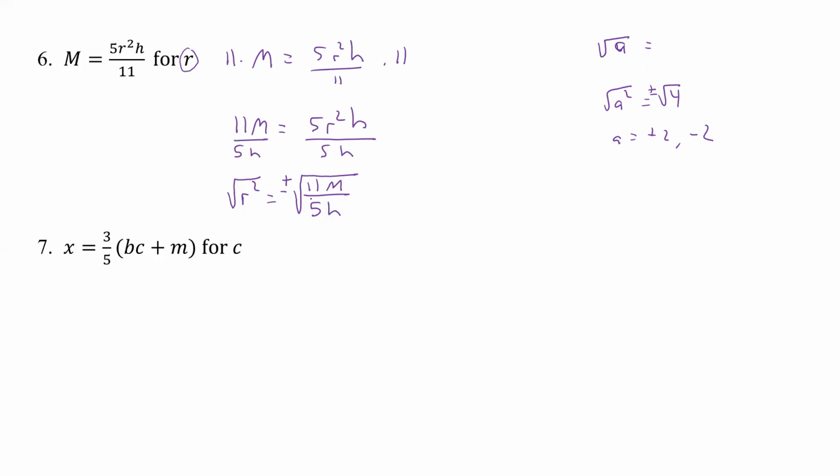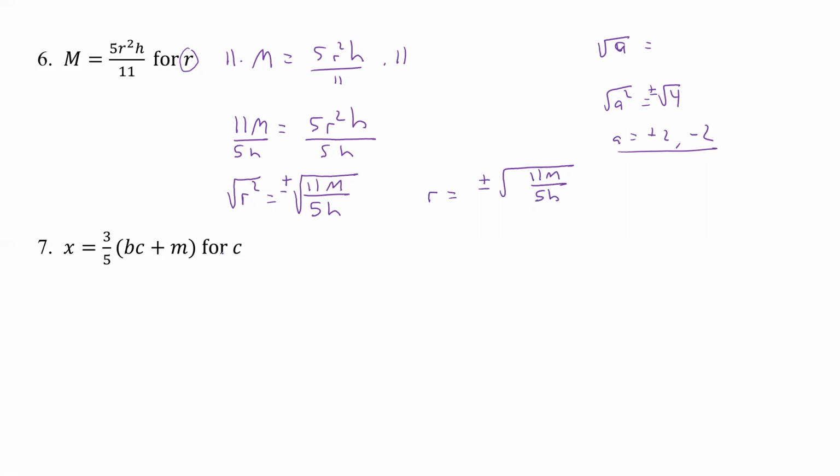So that's why I'm not sure which way we were looking at here. And so then r is equal to plus or minus the square root of 11m over 5h. Okay, so that's what I put. Now, most likely, I would say these are all positive, so we don't need the negative one here. But for safety's sake, we're going to go ahead and do that because when you're doing something like this, we have to have both of them.